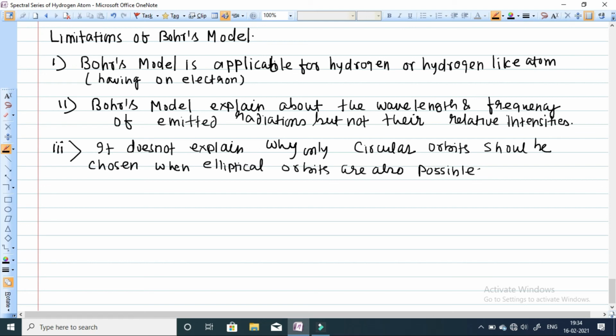And fourth, it does not explain the further splitting of the spectral series in a magnetic field.